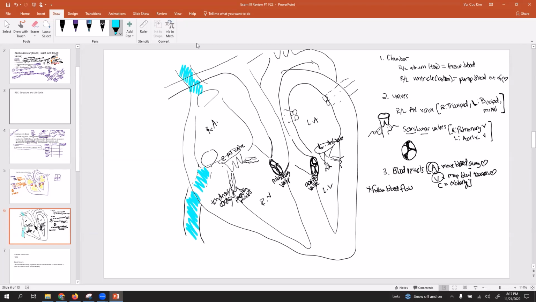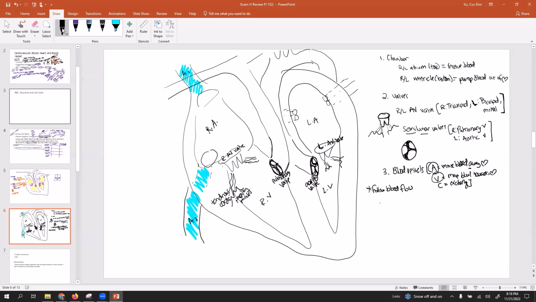Okay, so the ones that I've colored in we'll call A1 and A2.